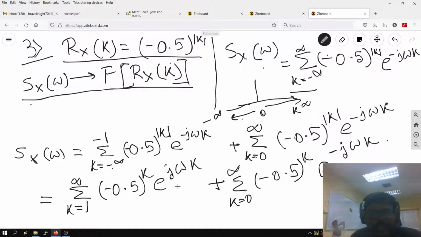Let me explain why I have divided this like this. What will the spectrum look like here? For k equal to 0, what will come? It will come 1. And for k equal to 1, what value will come? Mod of k is 1, minus 0.5, so minus 0.5 will come here, and also for the positive axis it will come minus 0.5, and this will repeat like this, and it is a converging sequence.